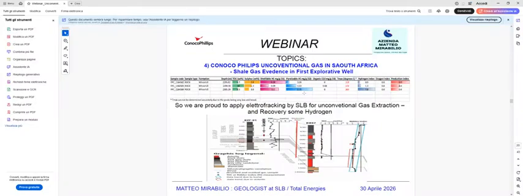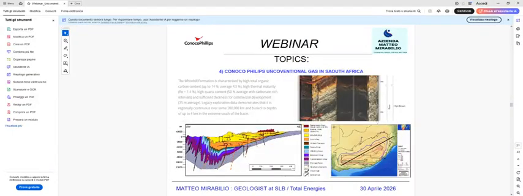And we have also the recovery of a great percentage of hydrogen. So the first well appraised had a successful recovery of both gas and hydrogen applying the Schlumberger electrofracking.